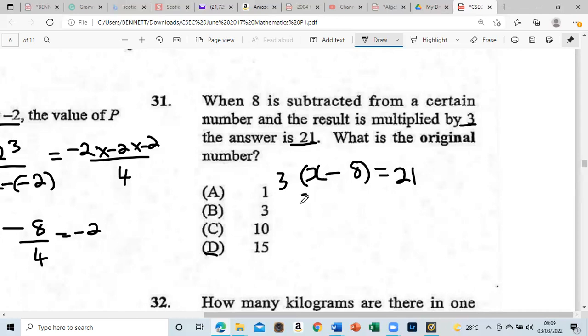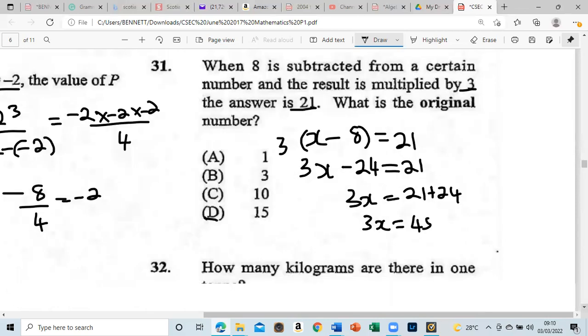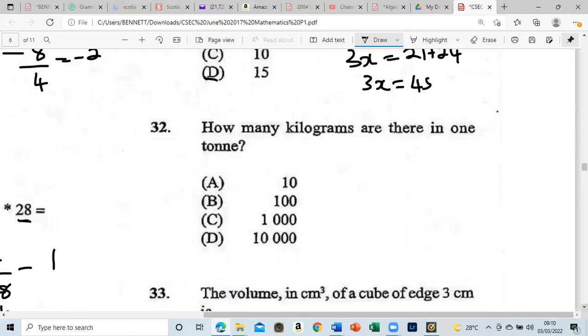So it's 3 times x, 3x, 3 times 8, negative 24, equals 21. Alright, so now we add 24 to both sides, so 3x equals 21 plus 24, and 3x is equal to 45. So divide, and we know it's 15, right? We had already established that, but I just said, you know what, let me show the work.